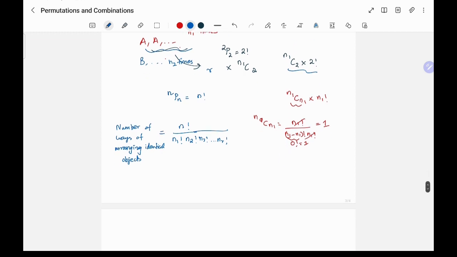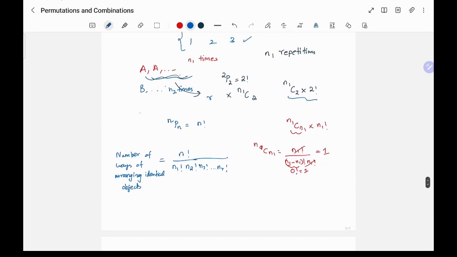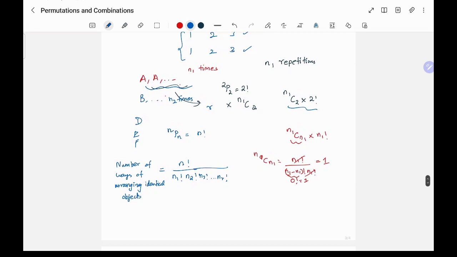So there may be something like D, E, F, which are repeated just one time, right? So generalizing the formula, it will be 1 factorial, 1 factorial, but 1 factorial itself is 1. So it's good enough to say they do not appear in the denominator.